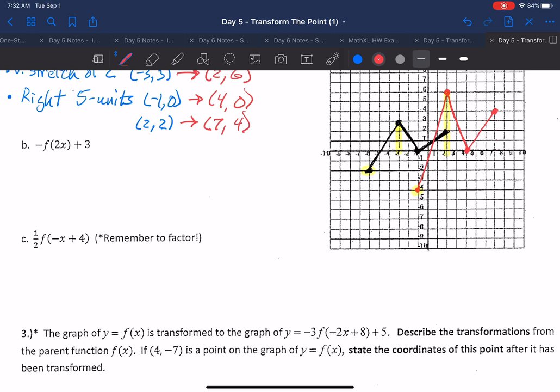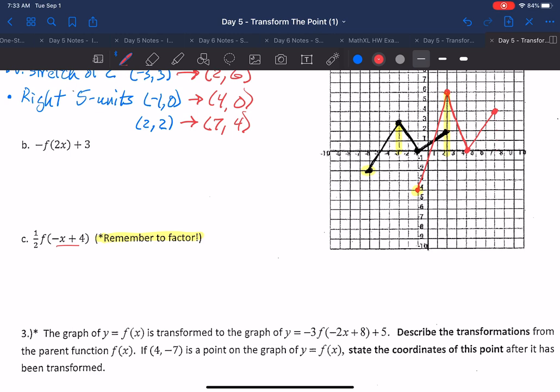One more thing. Right here, we're saying remember to factor. What that is referring to is inside these parentheses. I'm going to get you started.